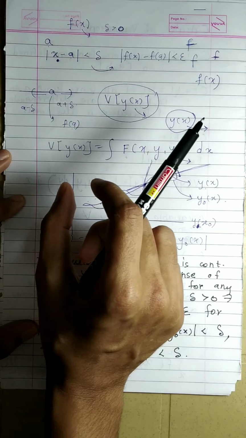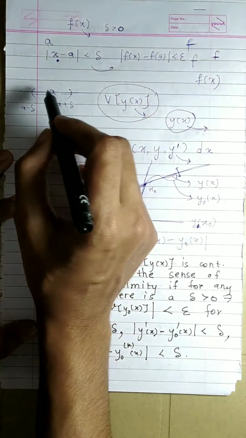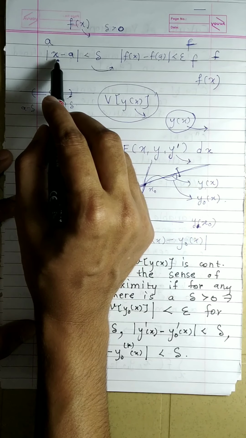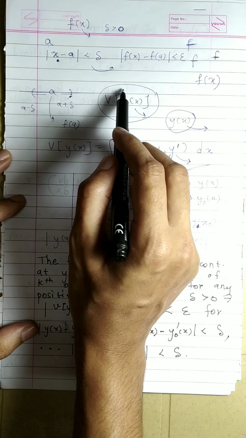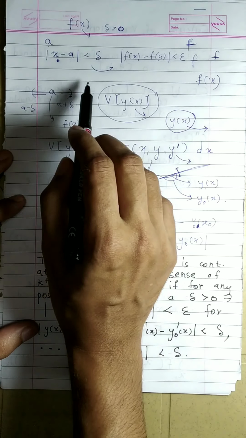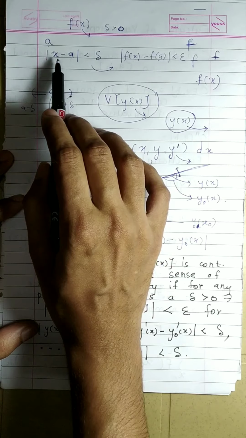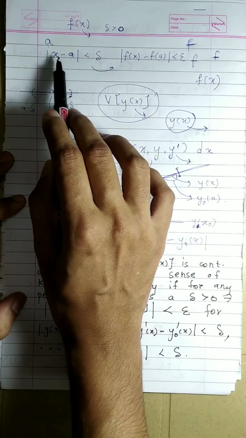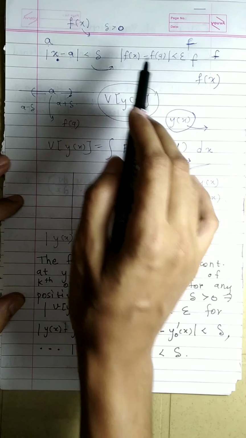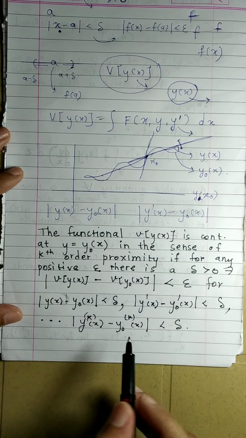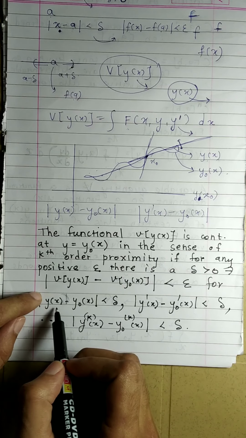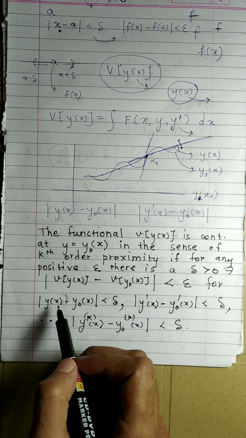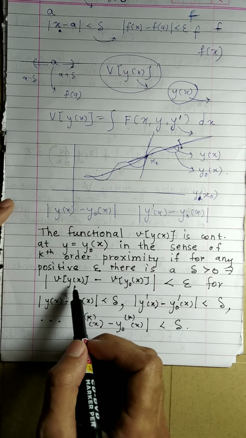Suppose f of x is defined in 0 to 3, then I will not say that this x belongs to some other interval, a point lying somewhere outside. It is the point on which the function is defined. So here basically whatever y of x will be considered will be only those y of x on which this v[y(x)] is defined.